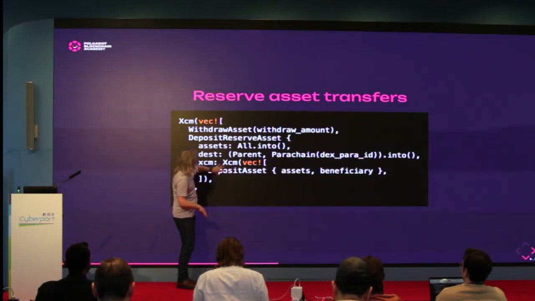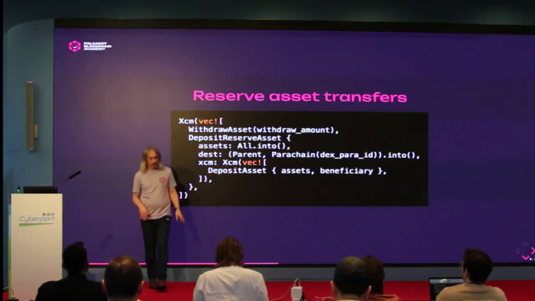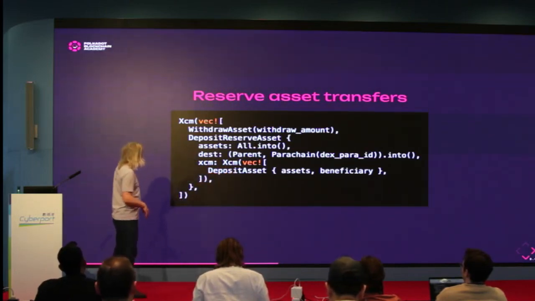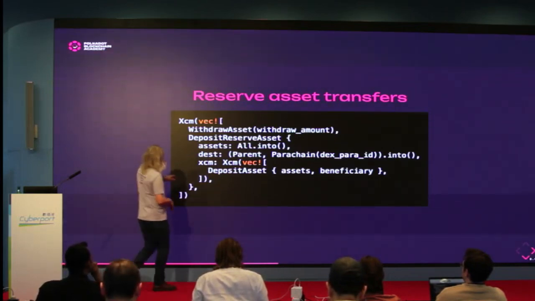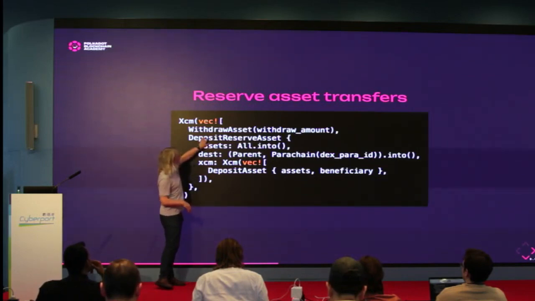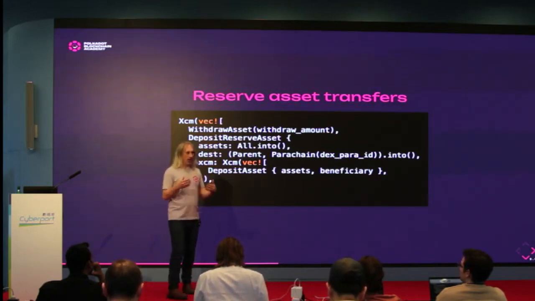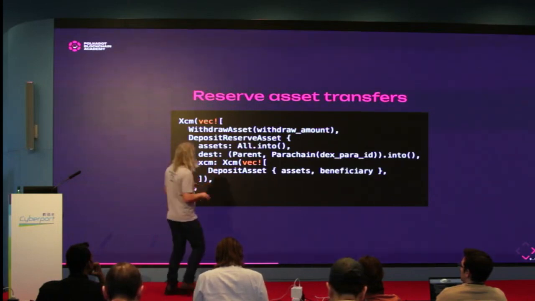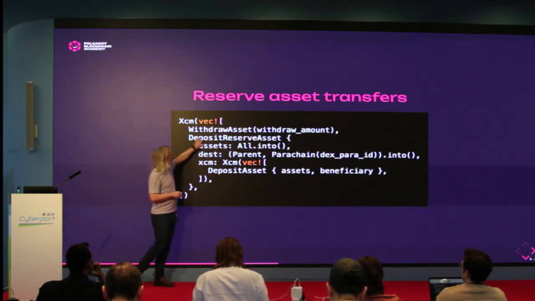Now the user is allowed to decide what this code is. Yeah, in general, because we don't know who is executing deposit reserve asset. So this code has to work even if it's not necessarily us, the chain, or the dev who are deciding what it is. Deposit reserve asset must work.